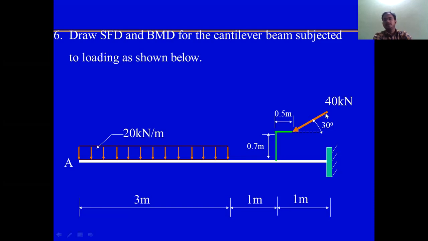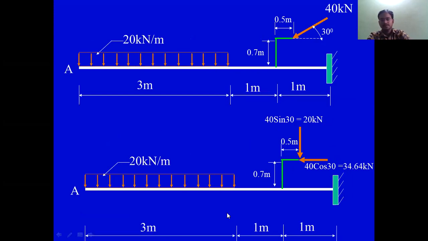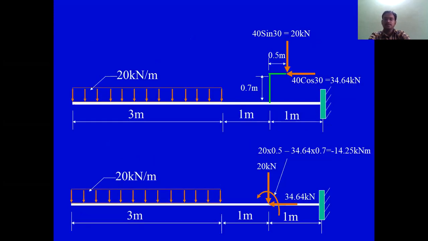You need to resolve this force in horizontal and vertical. Here, this is a cantilever beam now. We have no horizontal movement, but we have only bending moment in vertical due to vertical shear force. Now, see, we need to resolve it, and you should change it to the couple effect.